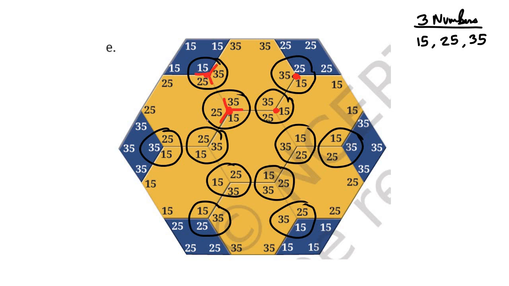On each of these sides, three numbers will be there, and one of them will be 15, another 25, and the last one will be 35. See, this is the structure of this junction. So this is the first observation.